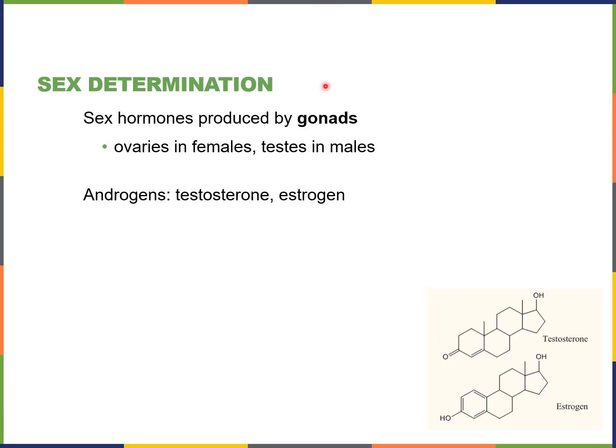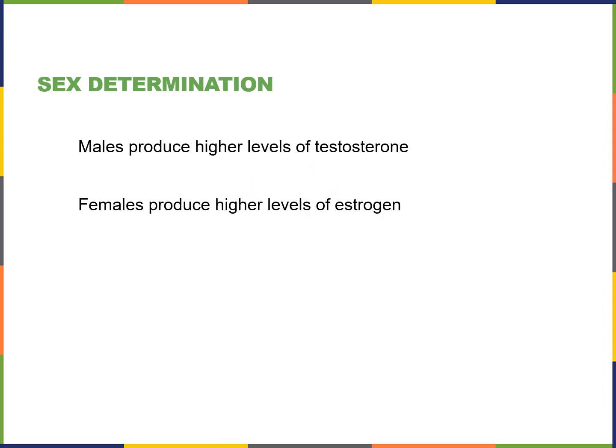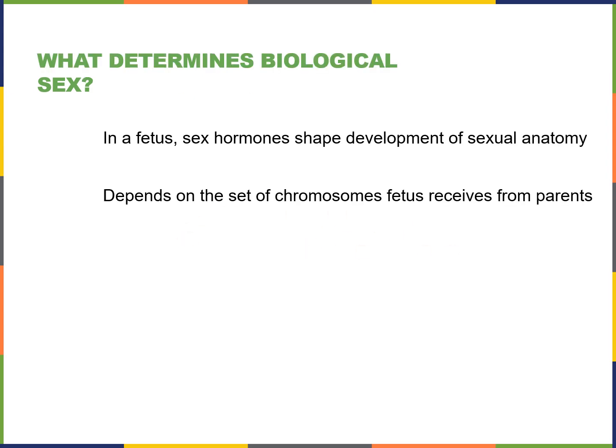And then within the testes, or within males, I should say, we have androgens like testosterone being produced. Within females, we also have androgens. We have testosterone and estrogen. Males also have testosterone and estrogen, but they vary in the amounts, right? So males produce higher levels of testosterone, females produce higher levels of estrogen.